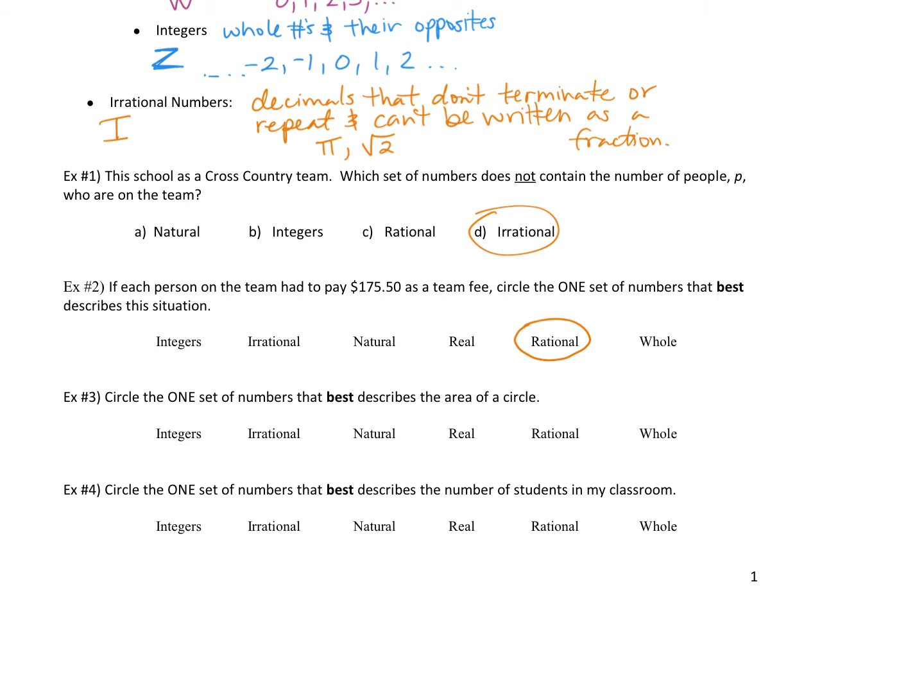Circle the one set of numbers that best describes the area of a circle. Ooh, geometry. I don't remember the formula for the area of a circle. A equals pi r squared, right? What's the best description of the area of a circle then?